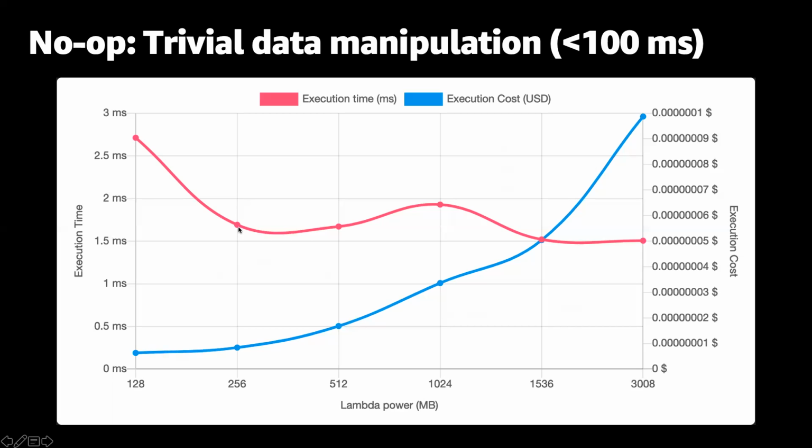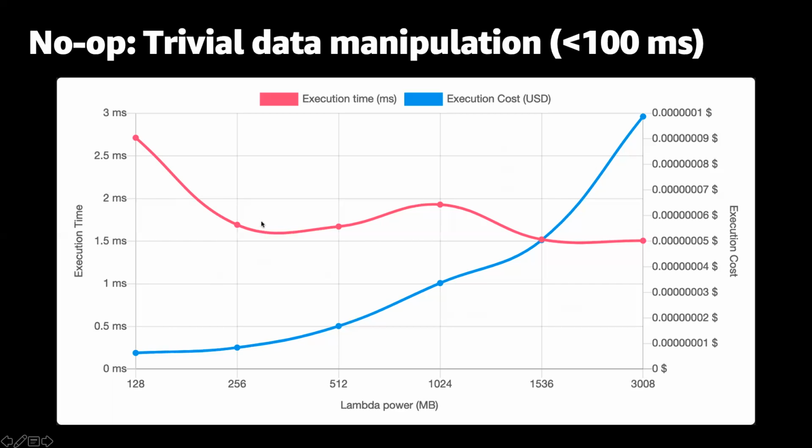So if you're orchestrating a complex workflow with 5, 6, or even 10 different Lambda functions one after another or in parallel, you might see the benefit of saving 2, 3, 5, or even 6 milliseconds of execution time just by increasing the memory from 128 up to 256, for example.